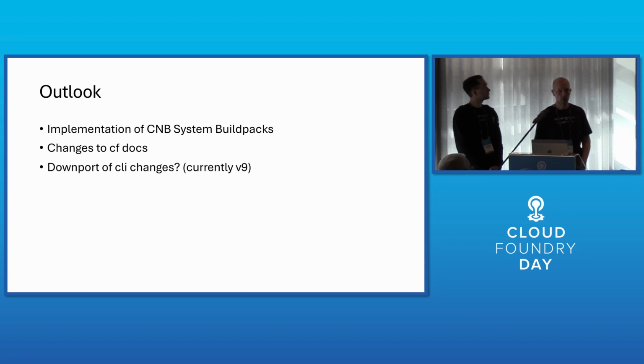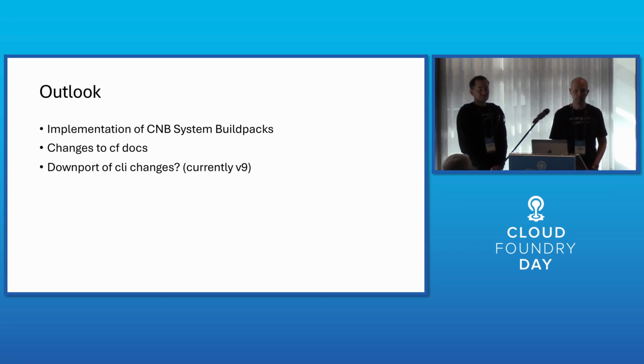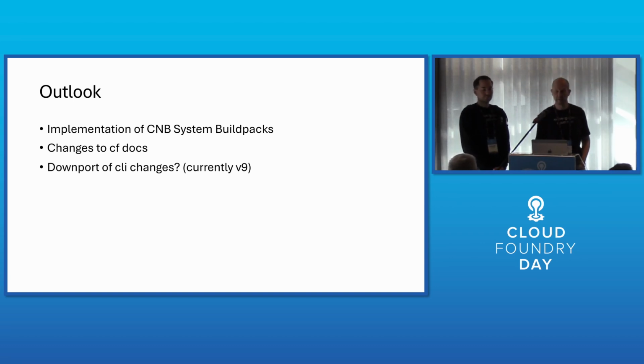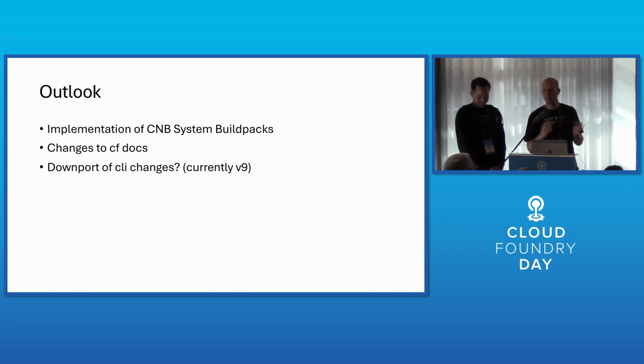So some outlook. Like mentioned, the implementation of the system buildpacks might be one of the next steps. What's still open are the changes to the CF docs, which turn out to be a bit more complicated because both buildpack types should somehow exist in parallel, and the users should get some guidance on when to use what and what the benefits of each are.